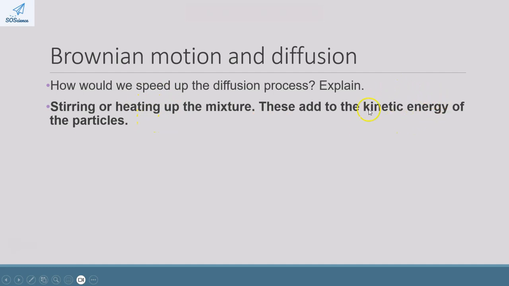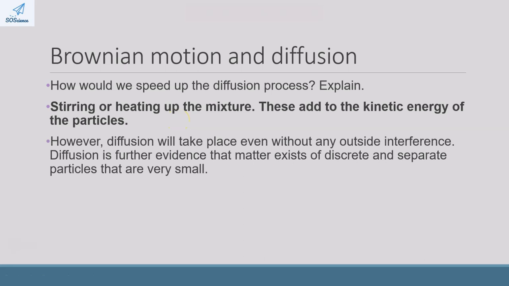And either way, these translate as kinetic energy, allowing the particles faster movement. However, diffusion will take place even without any outside influence. And diffusion is further evidence that matter exists as discrete and separate particles that are very small. So Brownian motion and diffusion were both early proof of this statement over here.